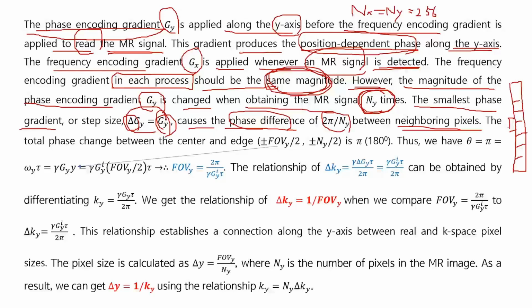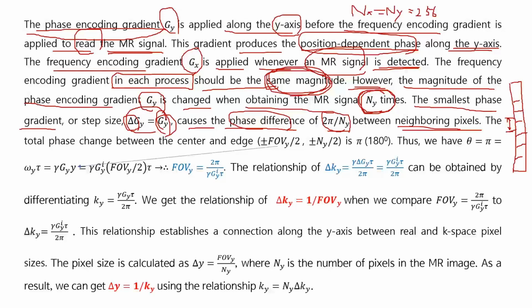So the phase encoding gradient causes the phase difference 2 pi over ny between two adjacent pixels.